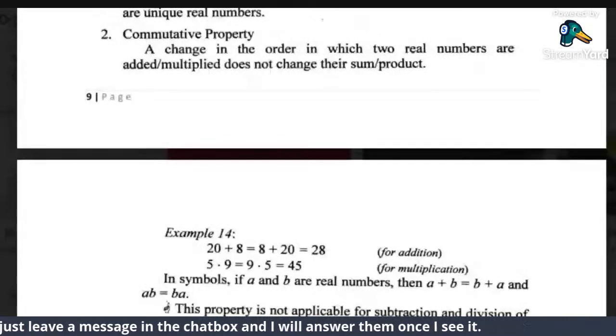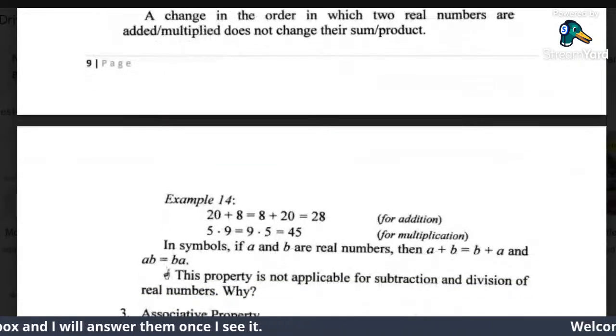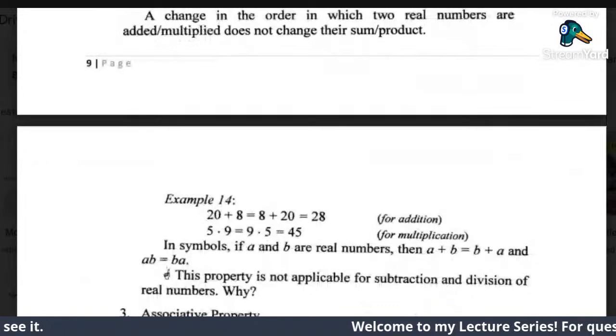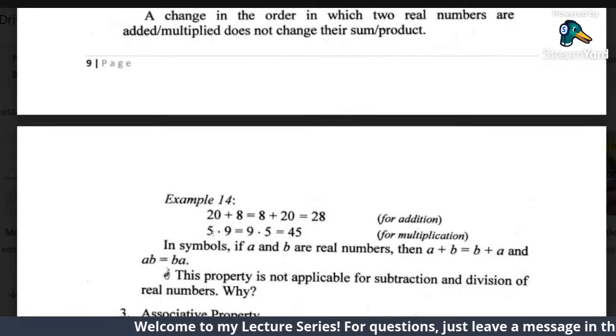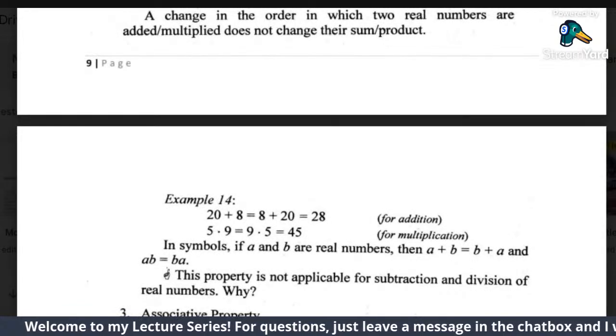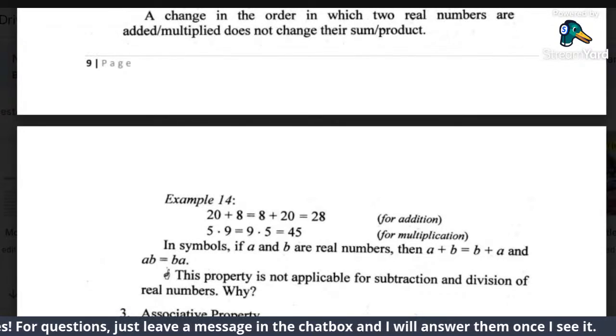For example, 20 plus 8 and 8 plus 20 will yield a sum of 28. It does not affect the sum. Same is true with multiplication. If you multiply 5 times 9 and 9 times 5, both will return a value of 45.